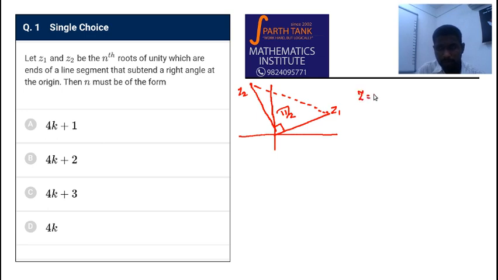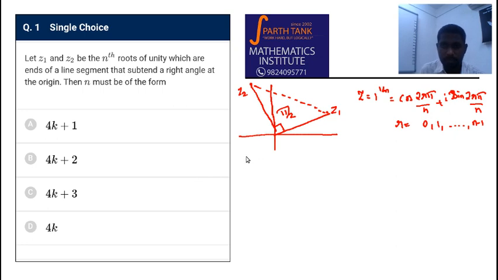We know that the nth roots of unity can be written as cos 2r pi by n plus i sin 2r pi by n, where r runs from 0, 1 up to n minus 1. Let us say that Z1 is the pth of these n roots.